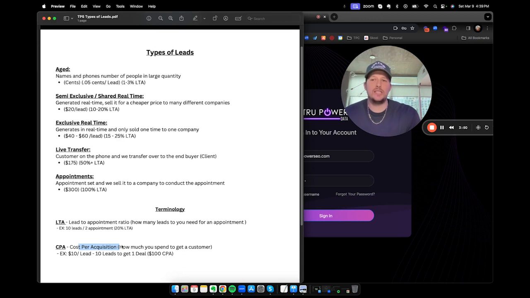And you should get a 10 to 20% LTA, right? So you're going to have to go through more of those leads to get appointments because they're shared. But if you have a good call center and good callers, maybe that's a lead for you because it's a cheaper lead, but you are sharing it and competing with other companies, which is why it's priced in that second level of pricing. Okay, the next lead, and this is mostly what my company offers.